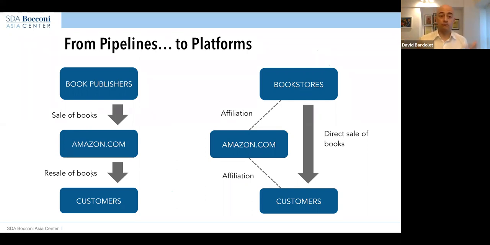That means Amazon doesn't have to keep inventory, doesn't have to buy the books. All Amazon does in this model is connecting a seller and a buyer. Then the seller takes over. The seller and the buyer interact and the purchase is made, and the seller takes the book or the product, sends it to the customer.